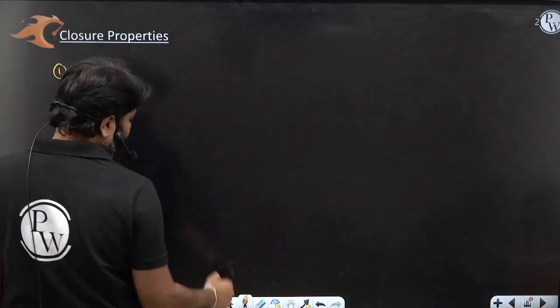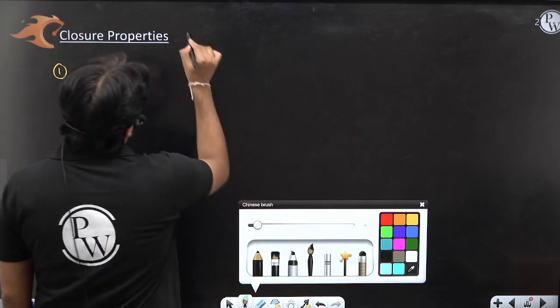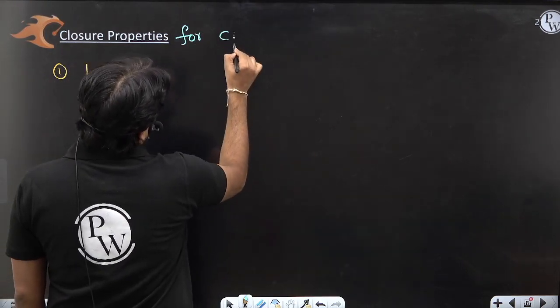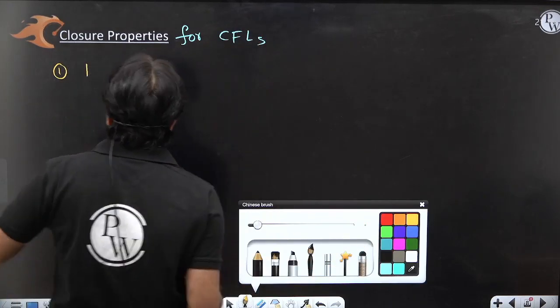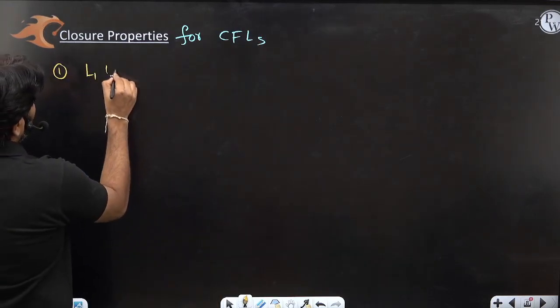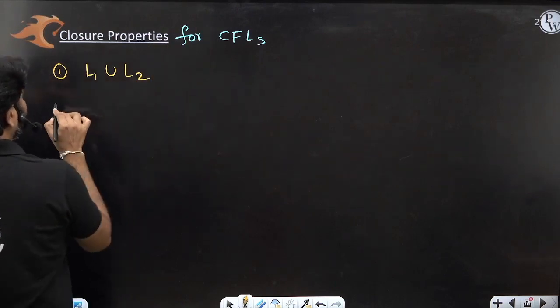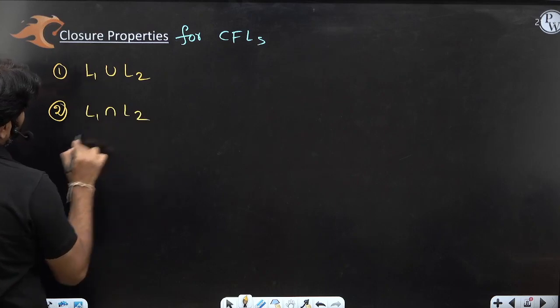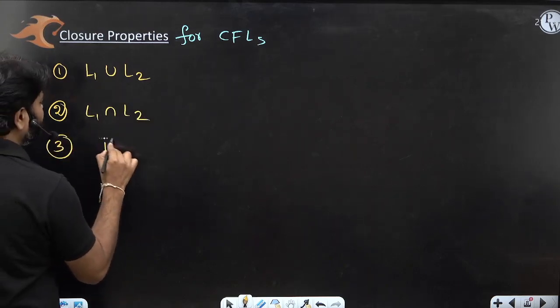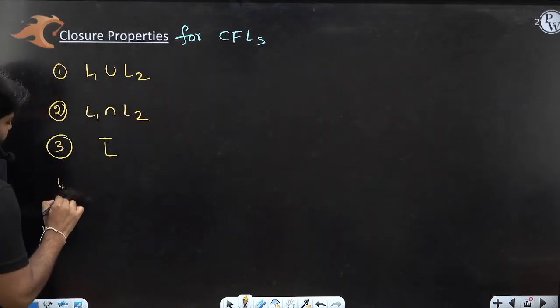These closure properties we are going to apply for context free languages. Remember, I'm changing the domain now. This one, L1 union L2 means union for CFLs. Intersection for context free languages. Complement for the context free languages.